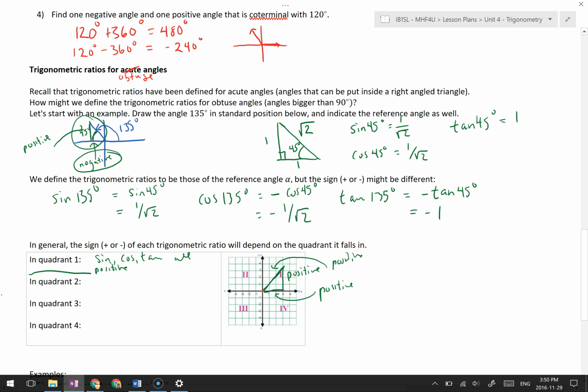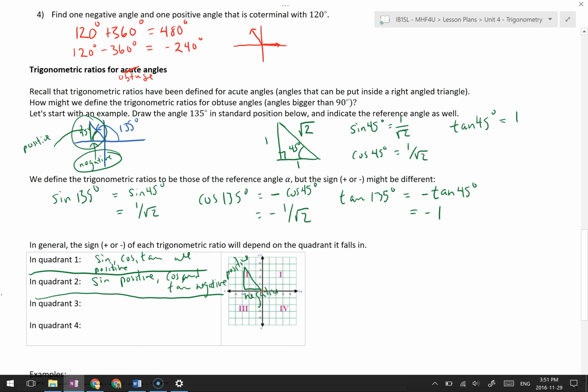In quadrant 2, this is the one we just did. So remember, we have a positive side and a negative side. So here, sine is positive, whereas cos and tan are negative.